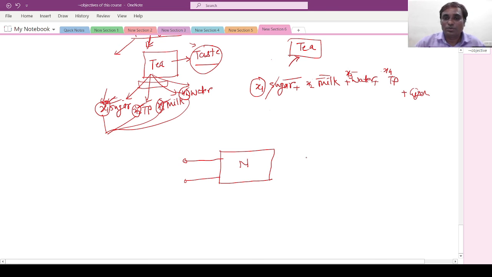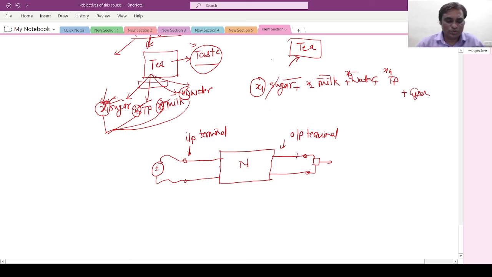So there will be two types of terminals: input terminals and output terminals. What is the use of the input terminal? We have to supply some energy to the network. And what is the use of the output terminal? It will connect to a load, and that energy will be given to the load so that it will act.